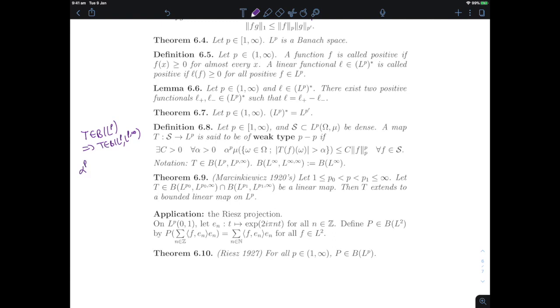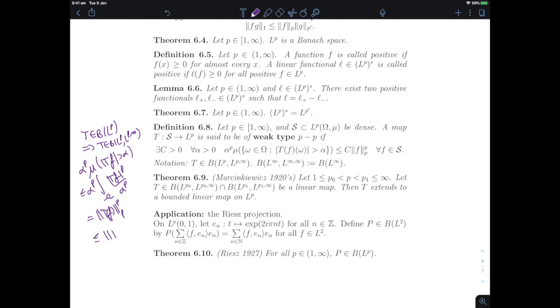Well, because if you compute alpha to the P times the measure of the set where |Tf| is greater than alpha, this is alpha to the P times the integral over omega of the indicator function of that set. But you can control that by |Tf| to the P divided by alpha to the P, because on the set where |Tf| is greater than alpha, |Tf| to the P divided by alpha to the P is greater than 1. And then you cancel the alpha to the P and you just get the norm of Tf in LP to the P.